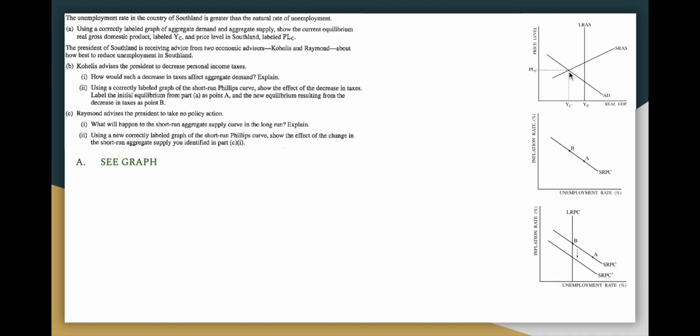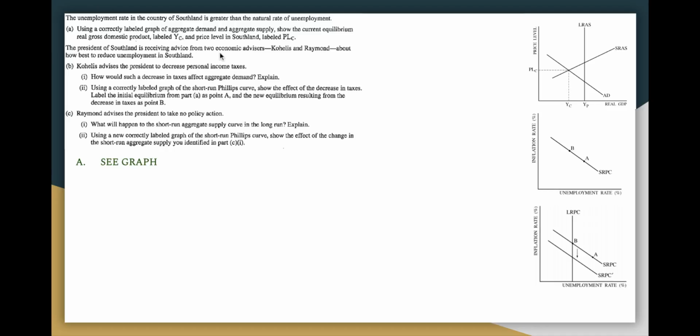There's PLC, there's YC. Notice how it is to the left of the long run aggregate supply curve. This is signifying a recessionary gap. And I guarantee they're going to say unemployment rate is greater than natural rate of unemployment. You need to come to the conclusion that means recession, okay?